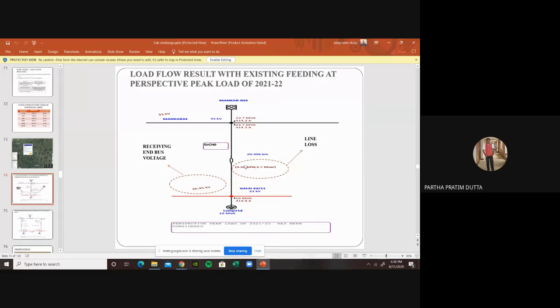Huge line loss, and as a result you see how poor the voltage regulation is. From 33 kV, it drops down to 26.45 kV because of the huge load on a single line. Now, if you see the MVA, 23.7 MVA, we receive the power of 19 MVA, although current is the same. That's 4 MVA being lost through this line.